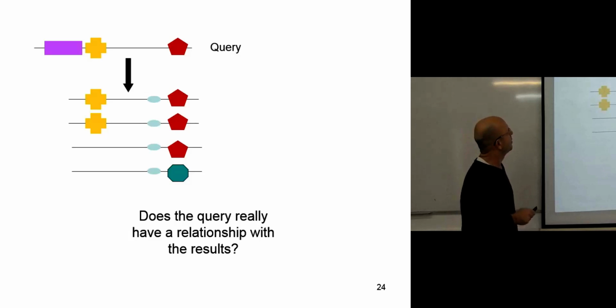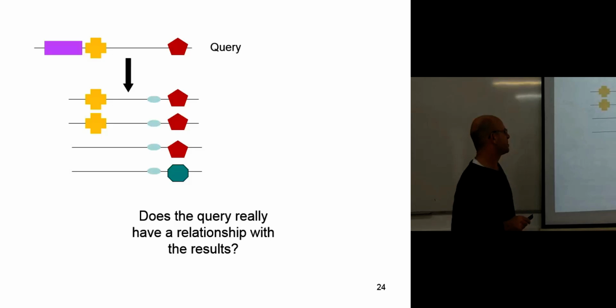But because it's something iterative, what might happen is that, for example, if we have a query with 3 domains, and we detected hits with only 2 of the domains, and then we detected other hits with only 1 domain, slowly we are getting farther and farther from the query sequence.